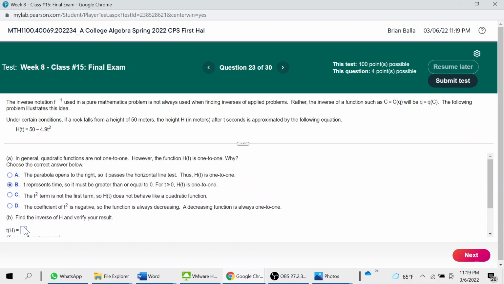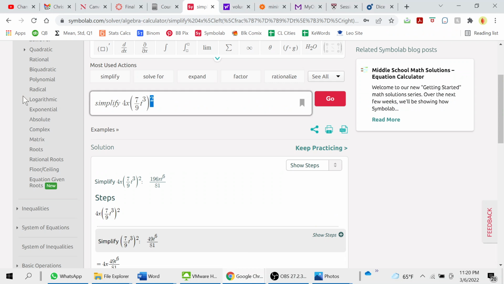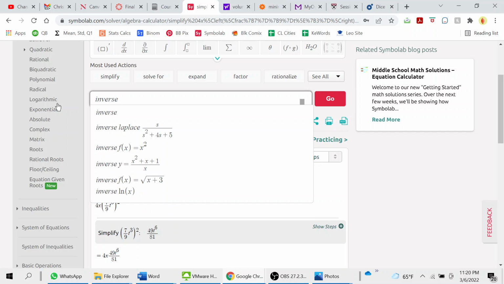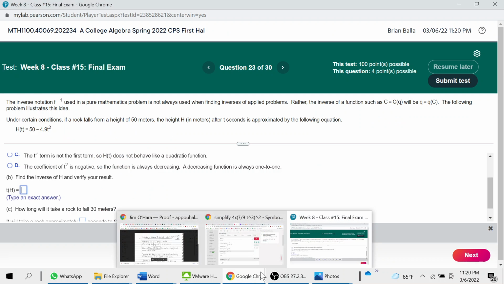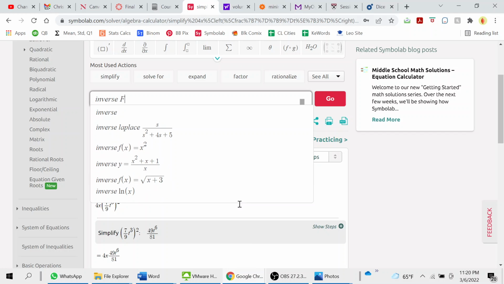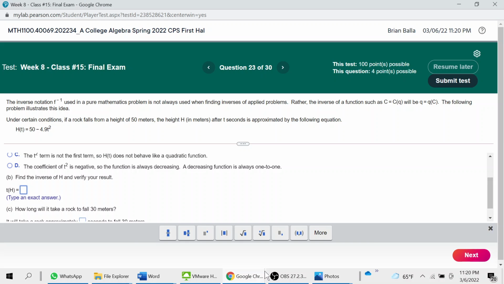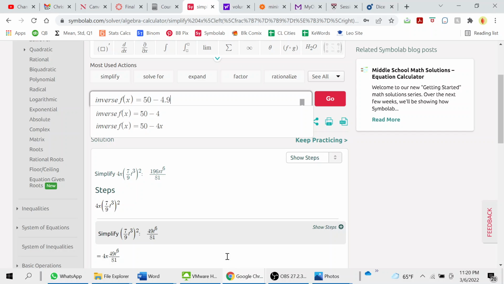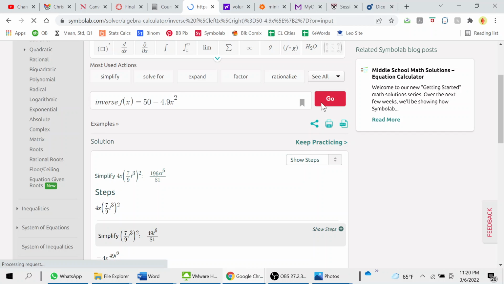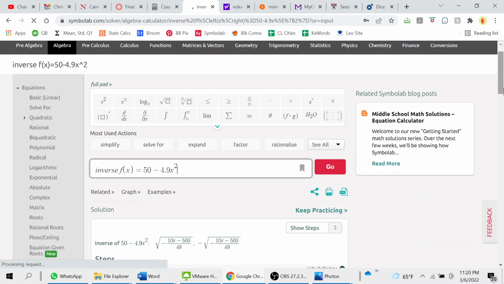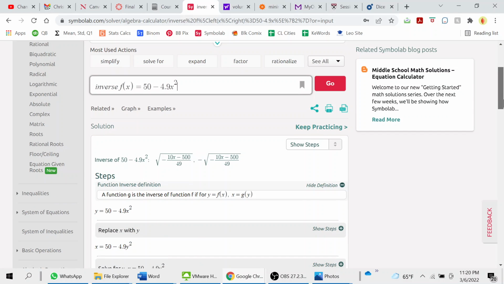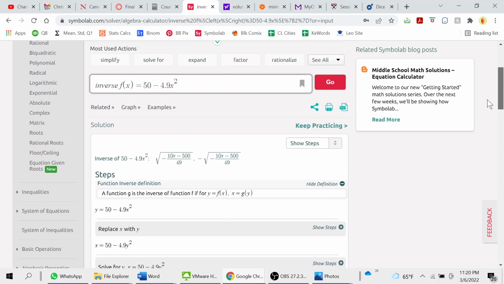Okay. The inverse function of h. Okay. Type in inverse. 50 minus 4. Minus 4.9. Okay.